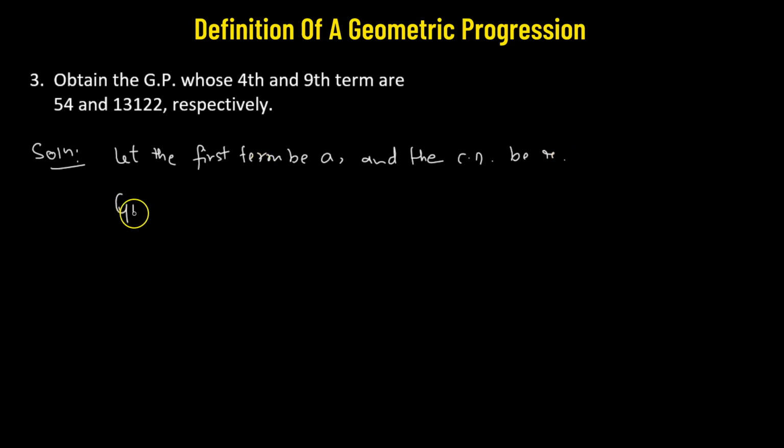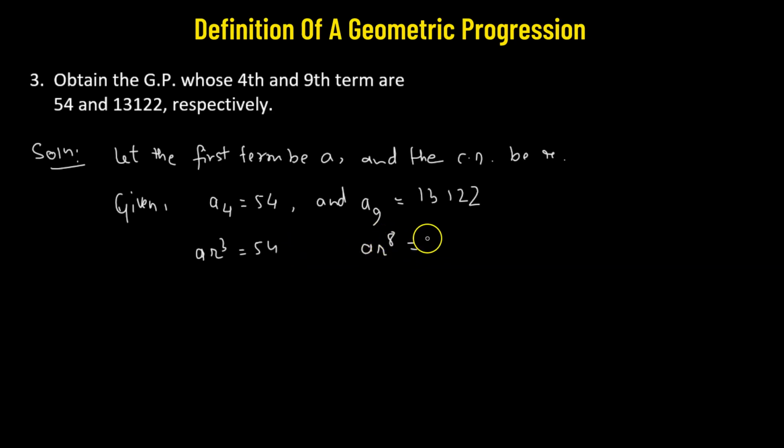Now it's given here that the fourth term a4 is 54, and the ninth term a9 is 13,122. So we can expand a4: this is going to be ar cubed equals 54, and ar raised to the power of 8 will be 13,122.